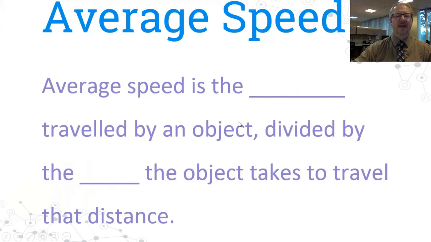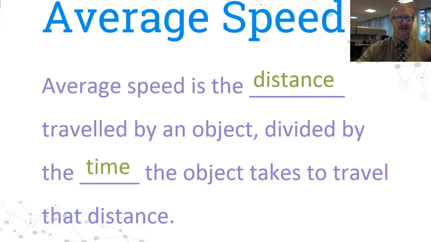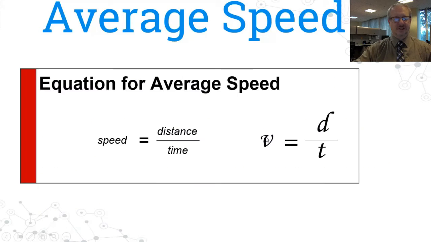Average speed is the distance that's traveled by an object, divided by the time that the object takes to travel that distance. This sounds like the same thing as speed. Well, it basically is, because when we're talking about speed, we're really talking about average speed. If we were talking about constant speed, we would have to specify constant speed. But when we're talking about average speed, we often don't say the word average, we just say speed, and what we mean by that is average speed. So just so it's not confusing.